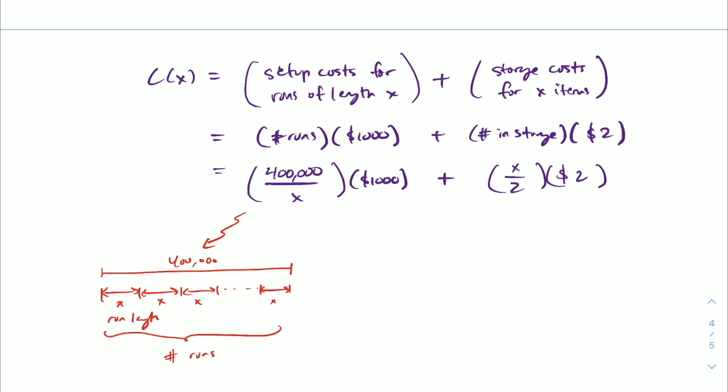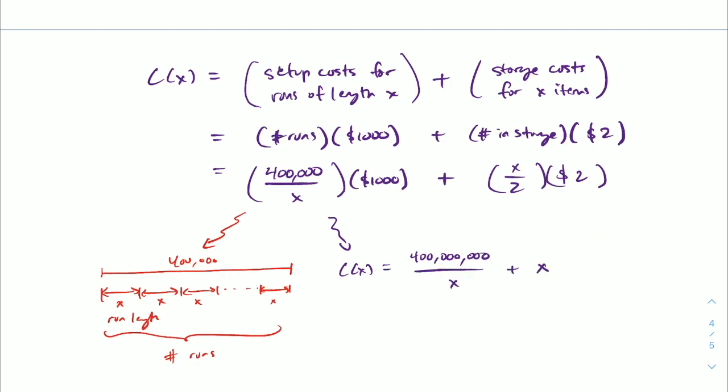Okay, so now we have a function. Let's simplify our function a little bit. So c of x equals 400,000 times 1,000, so 400 million, large number, over x, plus x.